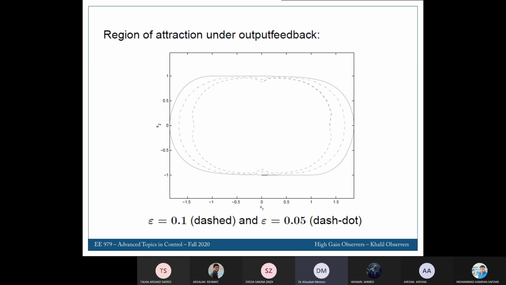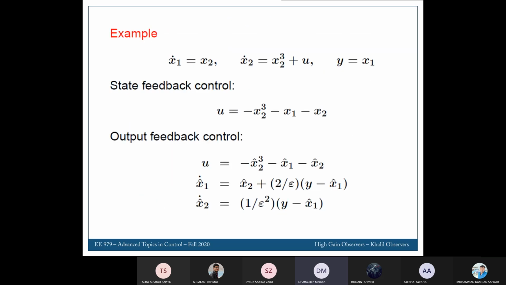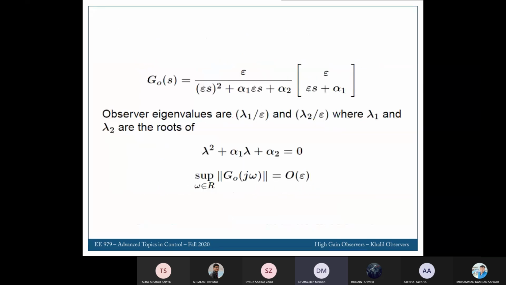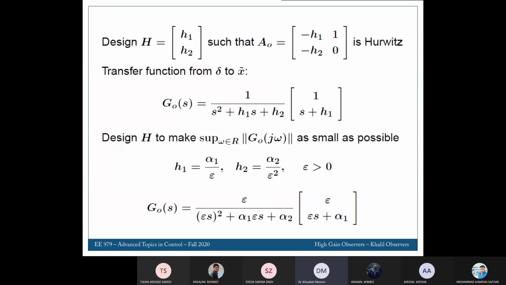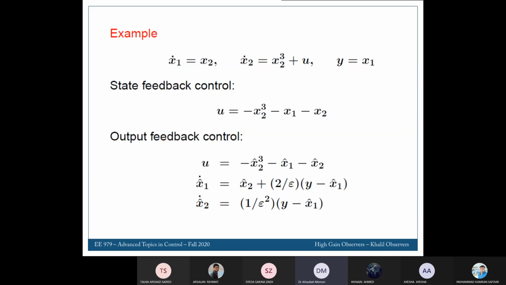Just to summarize, what we need to do is choose H1, H2, H3 and H4, depending on what order of observer we are dealing with. Then we make the observer equations following the example here and apply those observer gains.